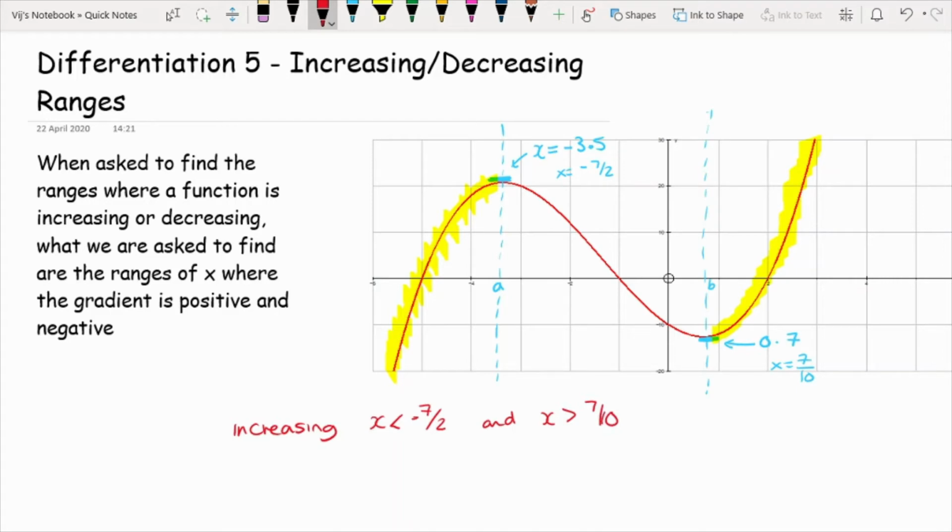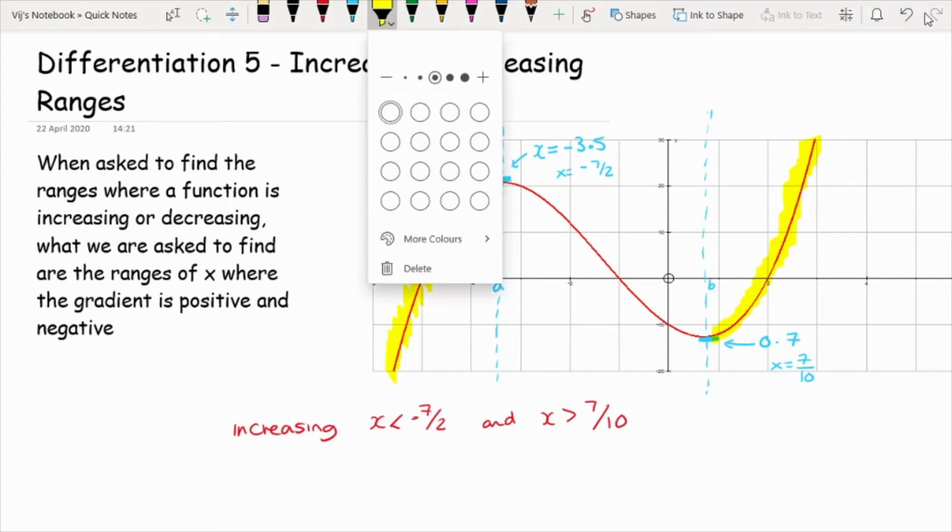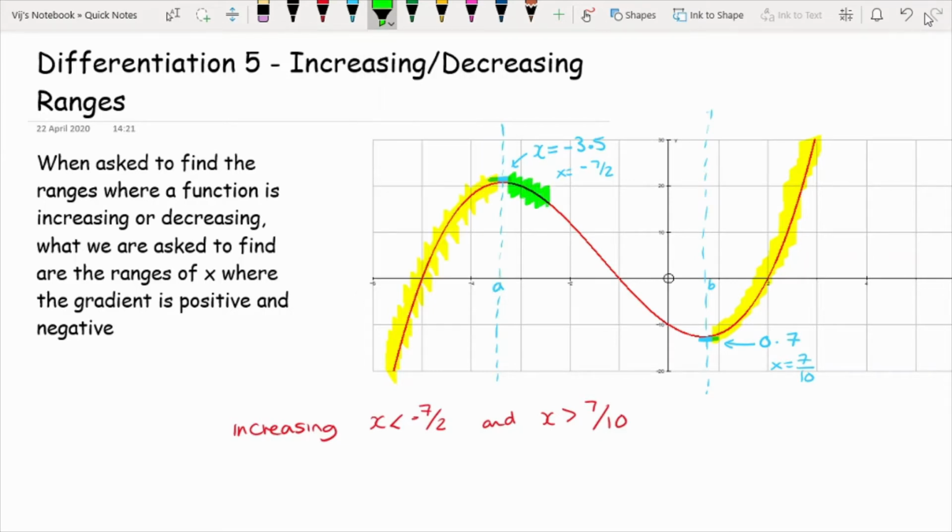Now let's just make that a little bit neater. When we're looking at decreasing values, if I get a different colour highlighter, let's go for green, in this region here it's decreasing.